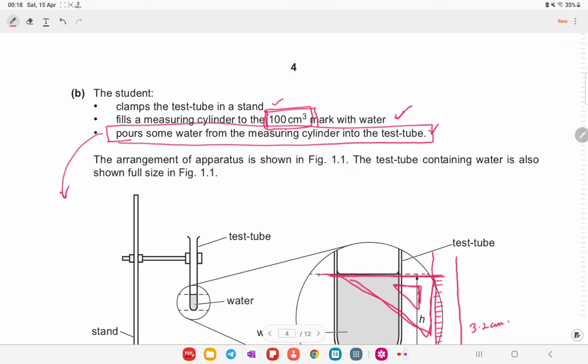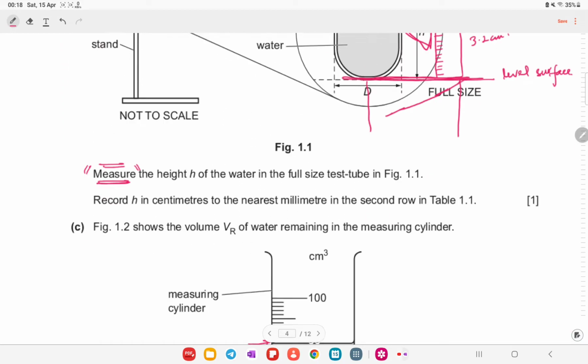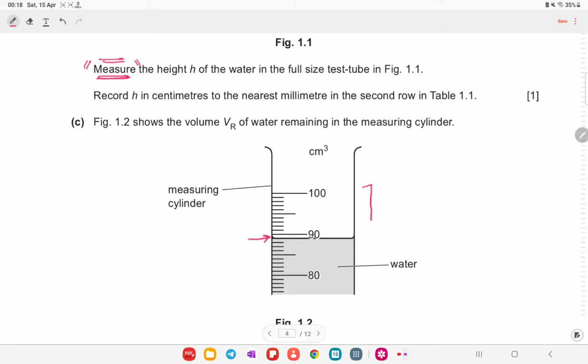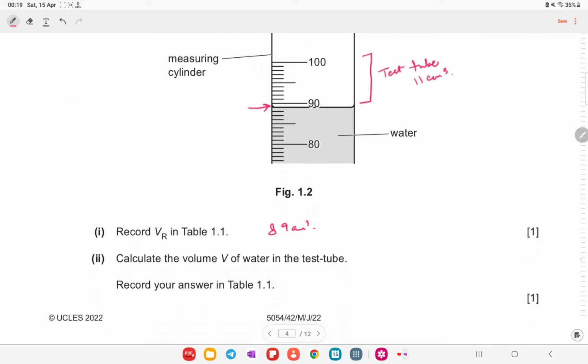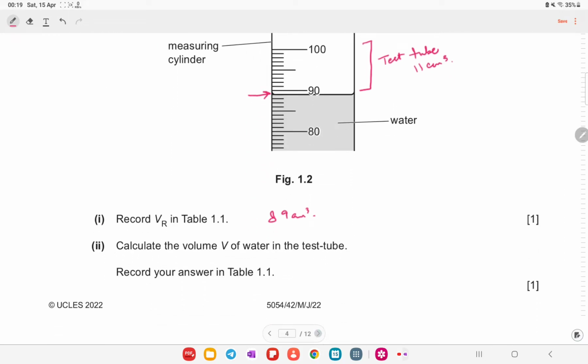How much quantity of water did he have? Yes, it was 100 cm³. So the reading will be 11 cm³, because 11 plus 89 is 100 cm³. Now let's see the table.